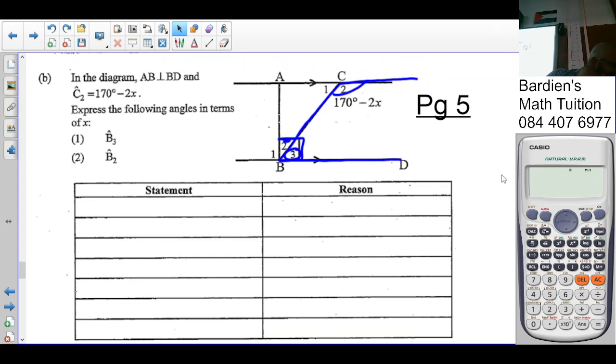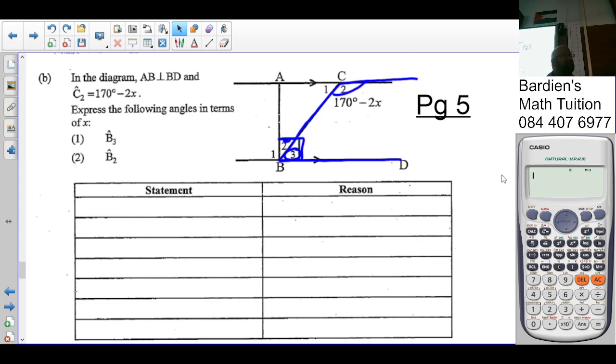B3 plus 170 minus 2x is equal to 180. But how come there's two unknowns in one? It's the same unknown. It's just in terms of that unknown. X is the unknown. B3 is in terms of X as well. Do it and you bring it back to me.